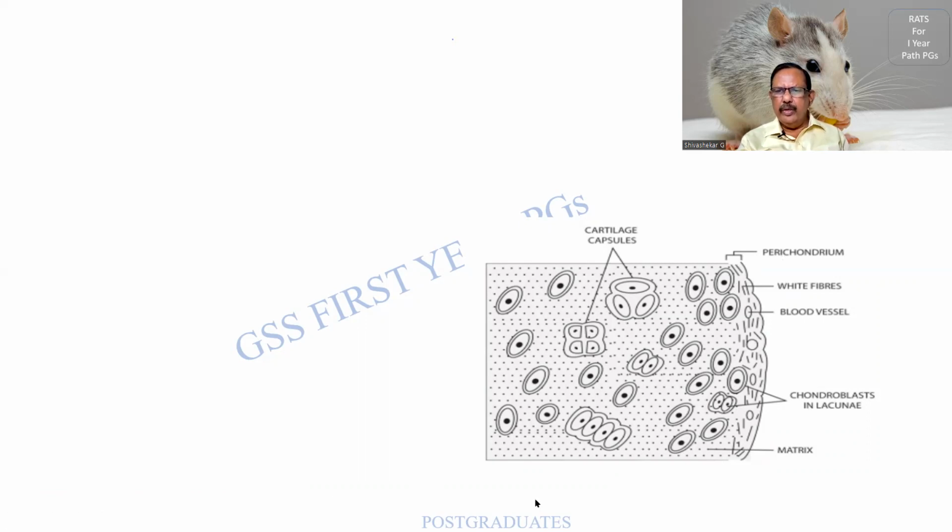They have nuclei, and look at this carefully, they are placed within a space called the lacunae. Lacunae means empty space. Here there are two chondroblasts within the lacunar space, and these are the capsules for it.